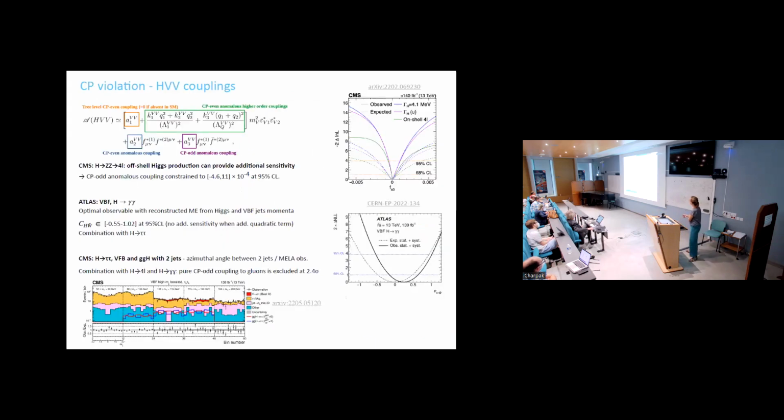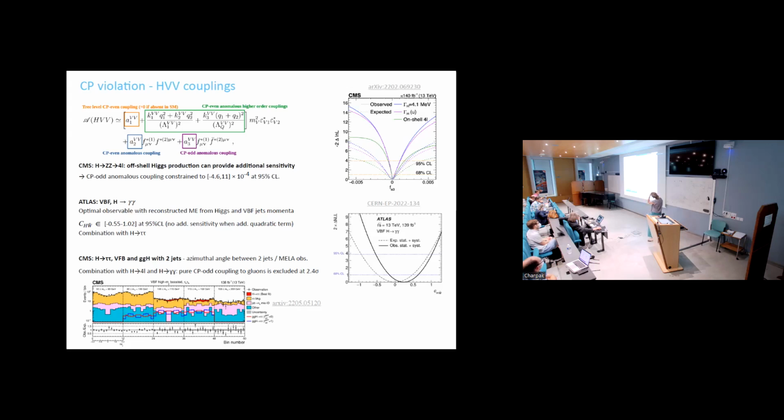So regarding CP violation, what is new is that previously we had the limits obtained from the four-lepton final state. Now, considering off-shell Higgs boson production, one can get an additional sensitivity, as has been studied by CMS here. You can see the corresponding plot.